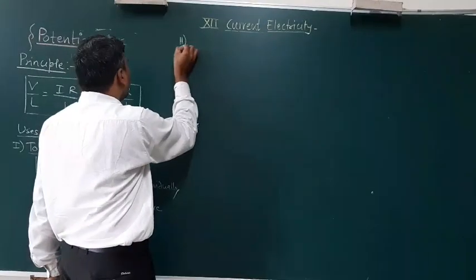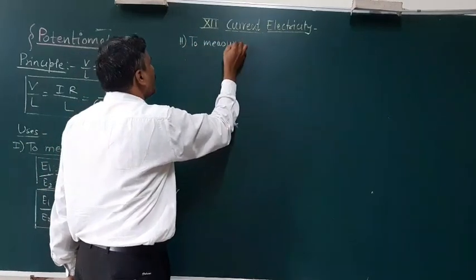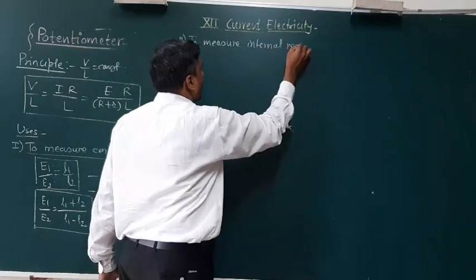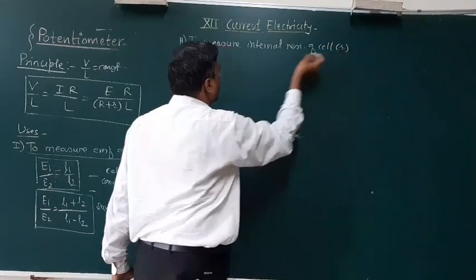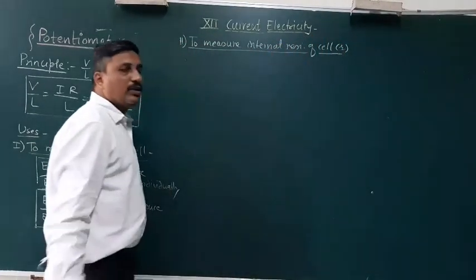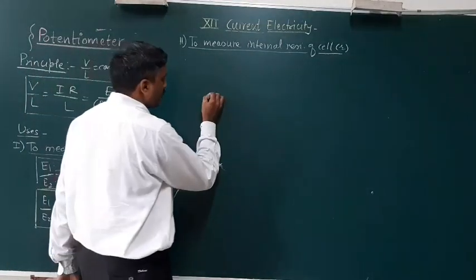So the second use is to measure the internal resistance of a cell, and its symbol is r. The value of internal resistance depends on the normality of the solution and the distance between the two electrodes.